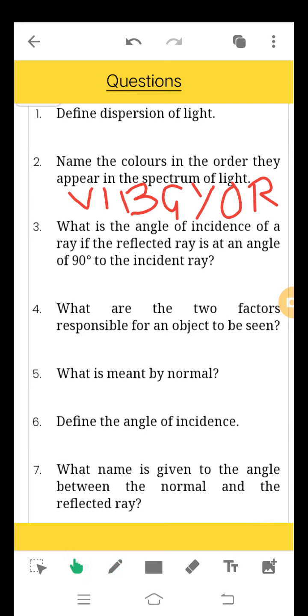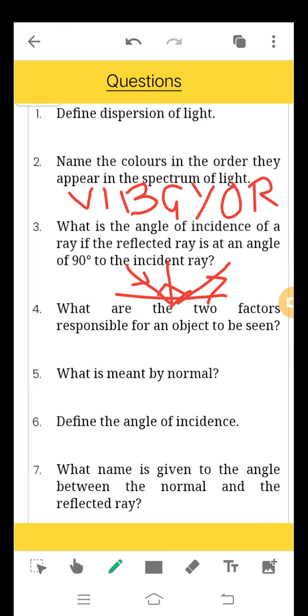Question 3. What is the angle of incidence of a ray if the reflected ray is at an angle of 90 degree to the incident ray? Here, as given, if this is the normal, we need to find the angle of incident ray with the normal. What is given is the angle formed between the incident ray and reflected ray is 90 degree.